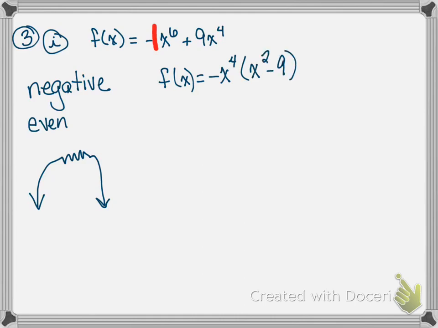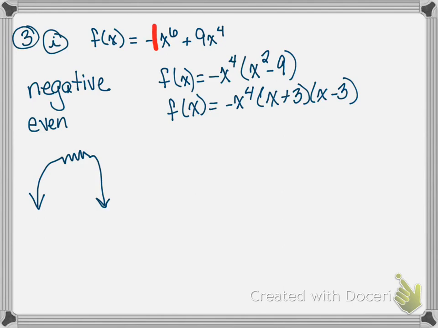And that's a difference of perfect squares. So then once I factor my difference of perfect squares, I'm left with x plus 3 and x minus 3. So we've got the end behavior.